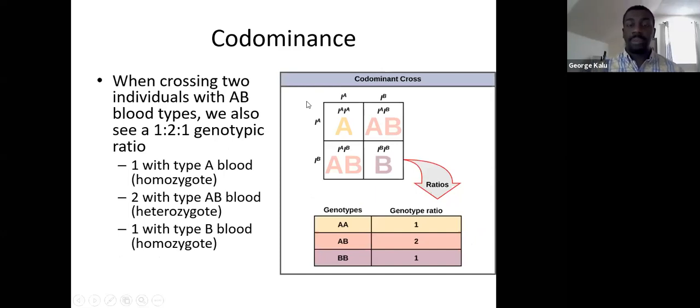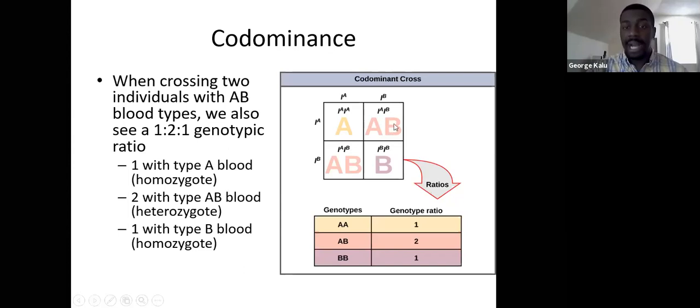Now again, when you make two individuals that are heterozygotes, so two people who have type AB blood, you're again going to see that same 1:2:1 genotypic ratio. For example, if someone has type AB blood, they're going to have the IAIB genotype, and if you cross them with someone else who has type AB blood, now we can have offspring that have type A blood, if they have IAIA.